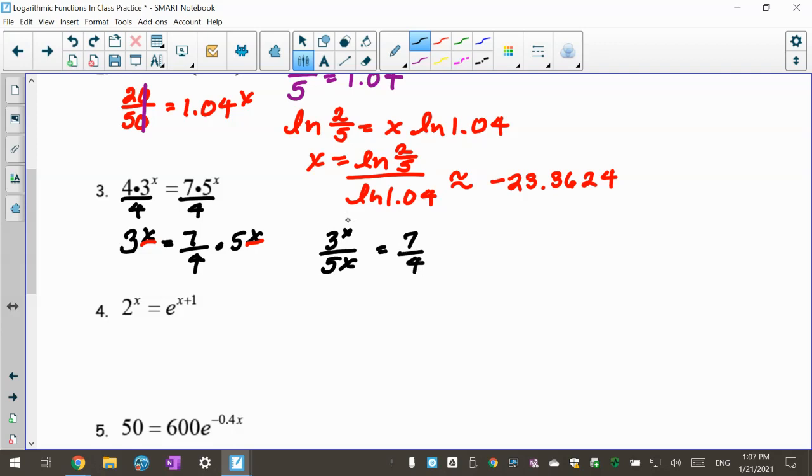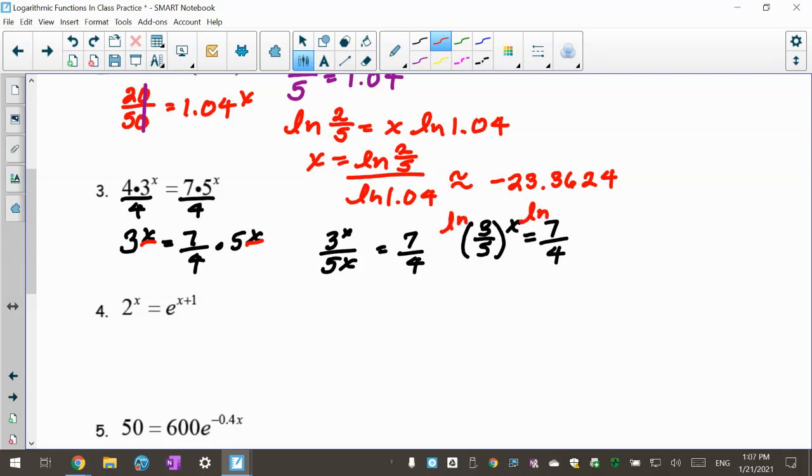And then I can raise this whole thing as a fraction: 3 over 5, to the x, equals 7/4. So all this work got us to a simpler equation so we can start natural logging. You actually could have started natural logging right off the bat, but I'm trying to help you with your algebra skills and make things a little bit easier.